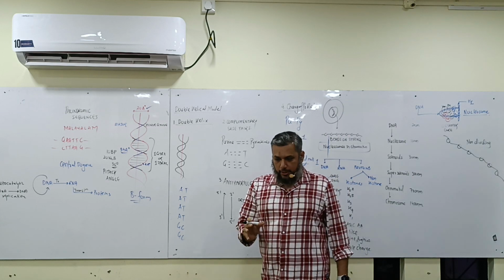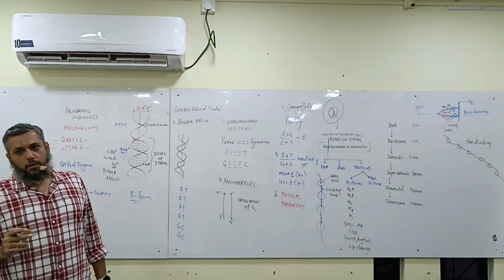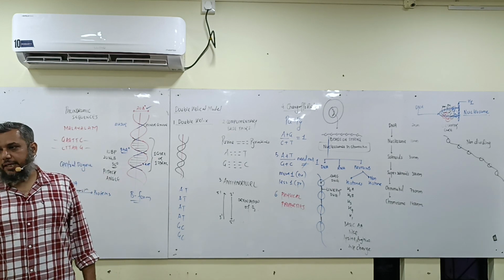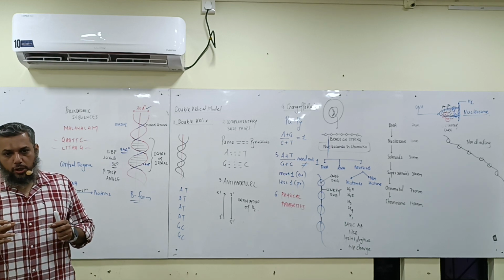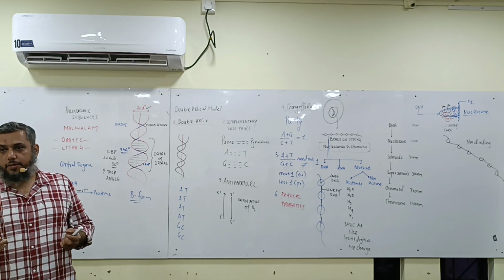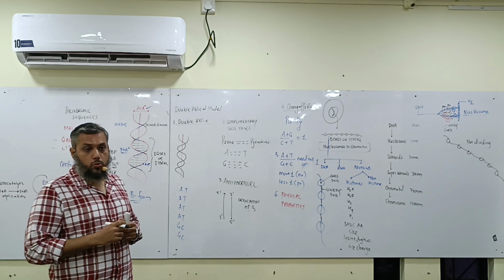Understood? Where do we see this? Non-dividing cell. When the cell is entering into the process of cell division, you guys know that slowly the nuclear membrane will disappear, and we see the presence of structures which are called chromosomes.